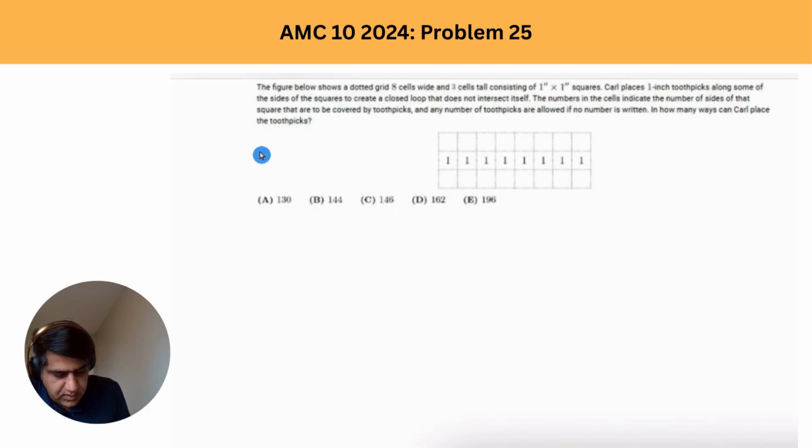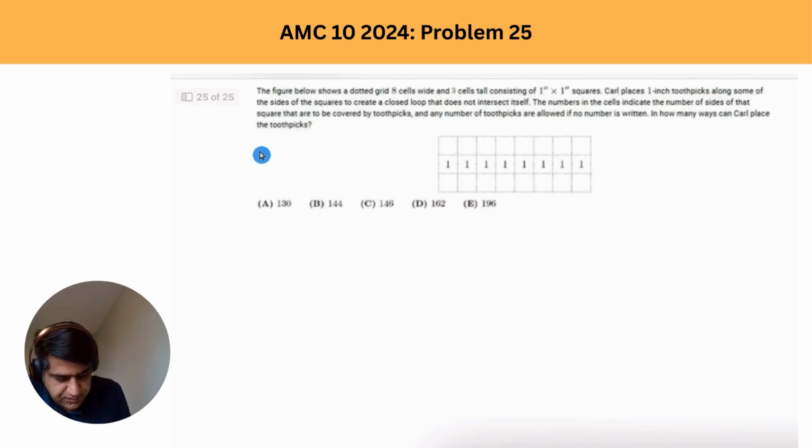So one of the restrictions is that for the squares that have 1 written, only one toothpick can be placed along its edges. So for example, we can have one here, but then we cannot place one at these locations.